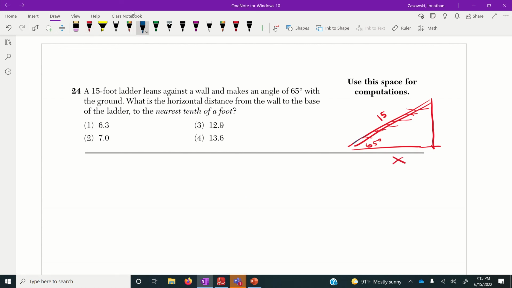So once again, find our angle. We got adjacent. We got hypotenuse. We got some SOHCAHTOA. And we are using adjacent and hypotenuse. So we're going with some cosine, a little loosey-goosey with that circle there. So cosine of the angle, which is 65, is equal to the adjacent, which is x, over the hypotenuse, which is 15. And then we're cross-multiplying.